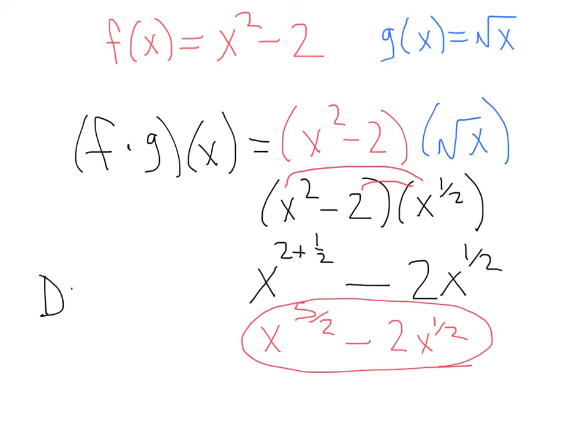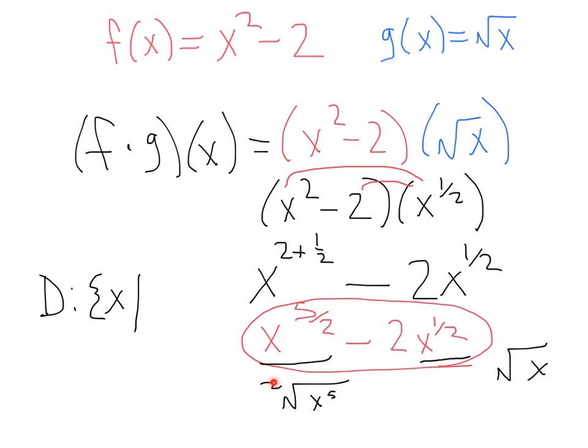My domain is going to be x. Do I have any restrictions on my domain? I have no fractions, but I do have this x to the 1/2. Now, whenever you have exponents, remember, these are a form of square roots. These are a form of radicals. So if I change this 1/2 to square root, that would give me a square root of x. If I change this x to the 5/2, that would give me the square root of x to the 5th.